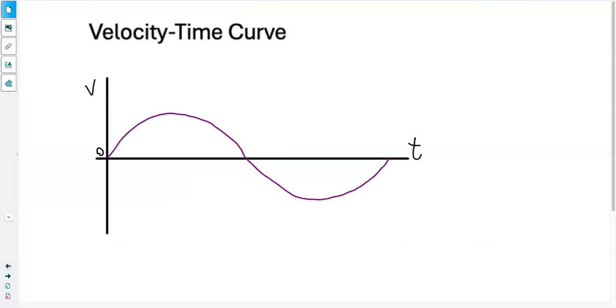So we're just going to have this velocity time curve, and we're going to relate what's happening to our speed during this to how we were breaking up our graphs earlier in this chapter. So I'm just going to add some dashed lines to this.